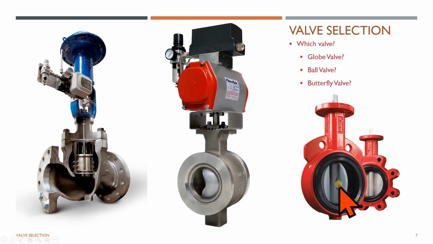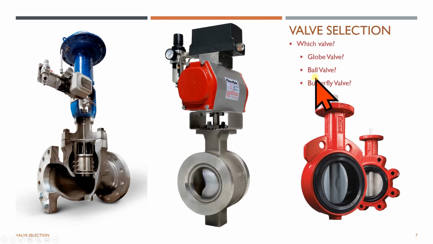When it opens, turns 90 degrees, it allows the flow. And there are mechanical installation differences between all these three valves, how they can be installed and such. We'll take a look at that later. But this is how the valves work according to their operation.